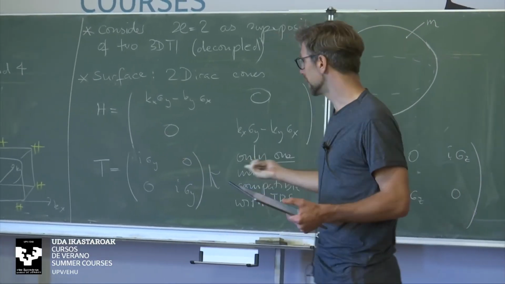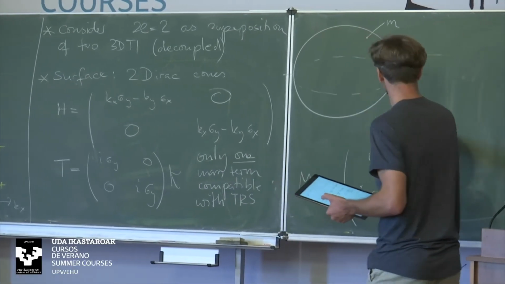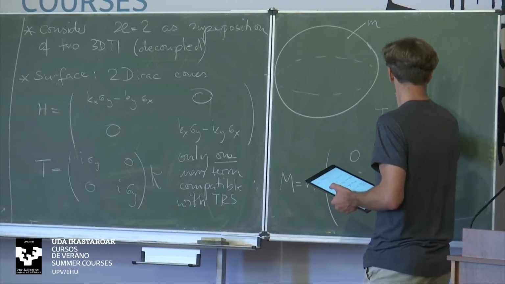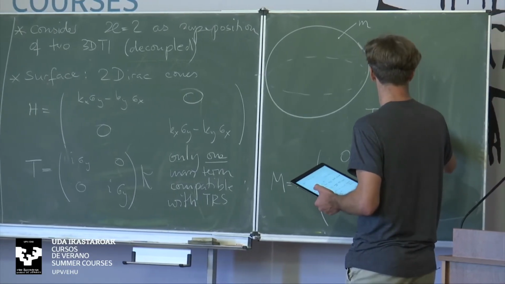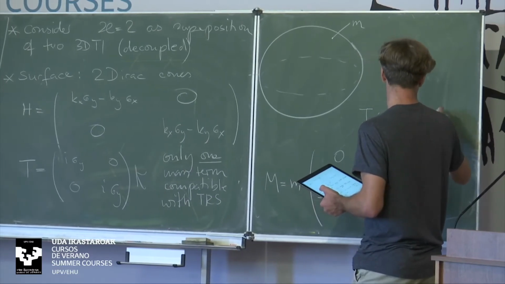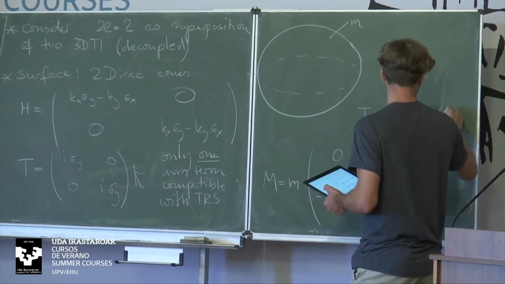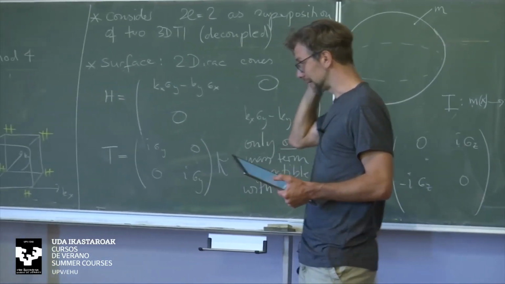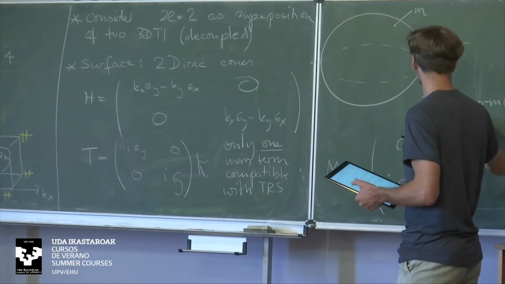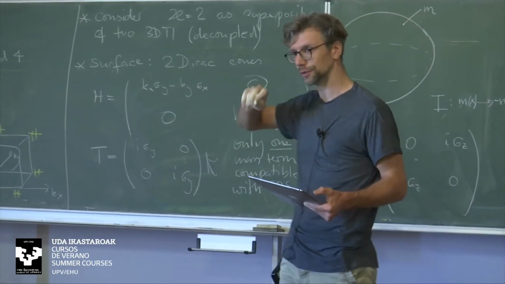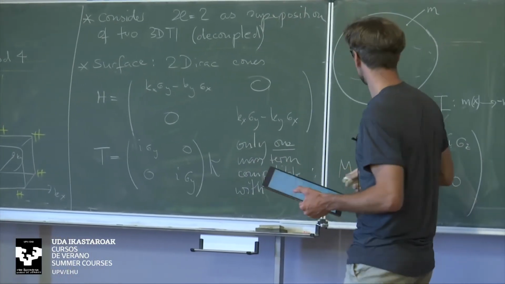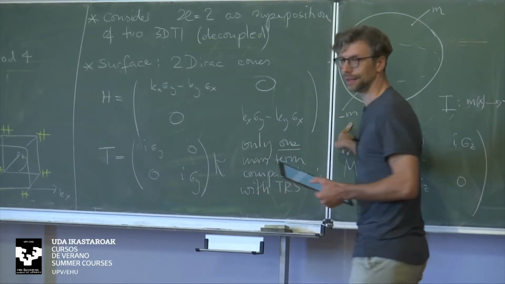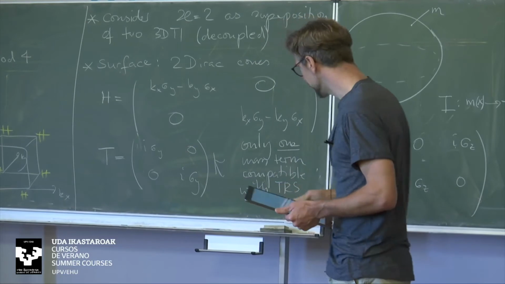Now, if I go through the analysis, what I would find is that inversion maps m of x to minus m of minus x. Or, in other words, a configuration of masses is inversion symmetric if on opposite sides of the sphere m has opposite sign. Okay, so if I have m there, then on the inversion related side here, I should have minus m. Good.